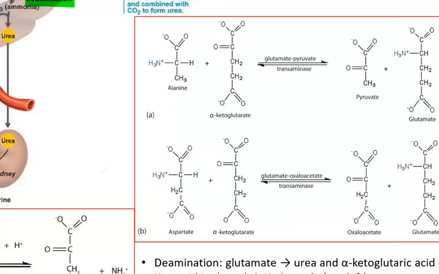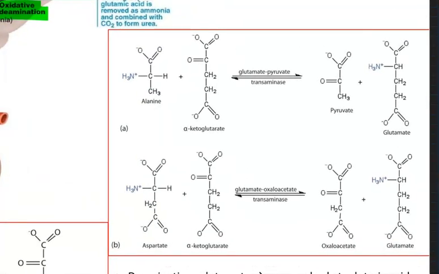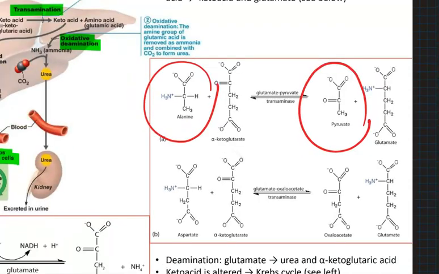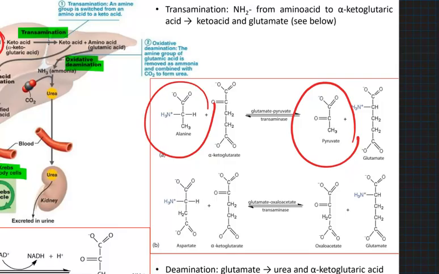Let me see if I can, here. Alanine is converted to pyruvate. Pyruvate is the terminal metabolite of glycolysis. So you effectively have two options here.